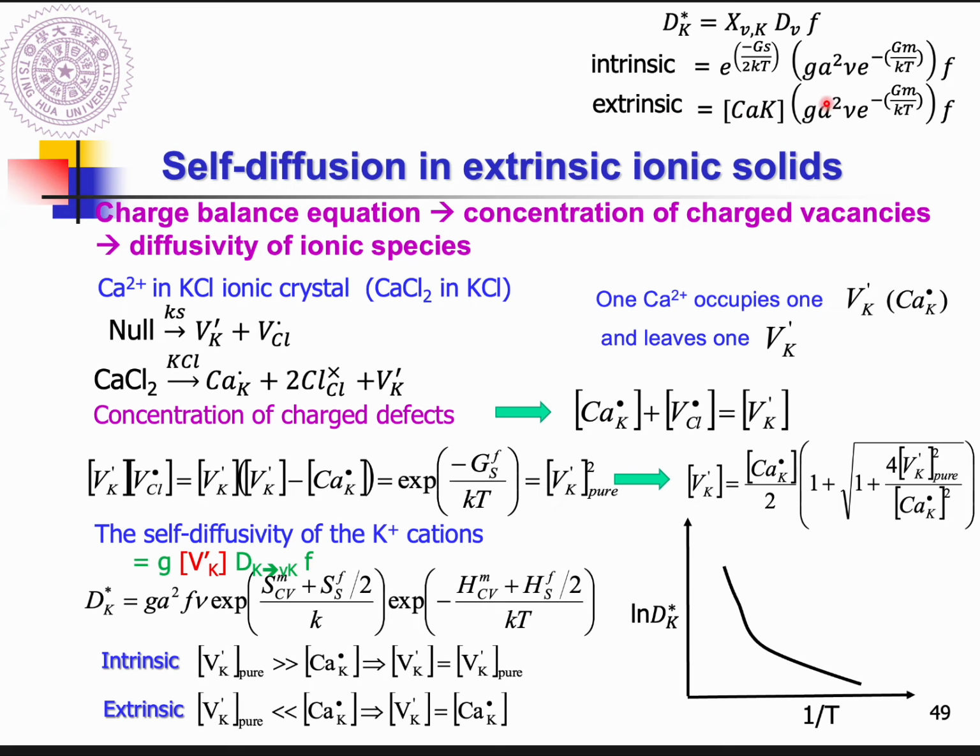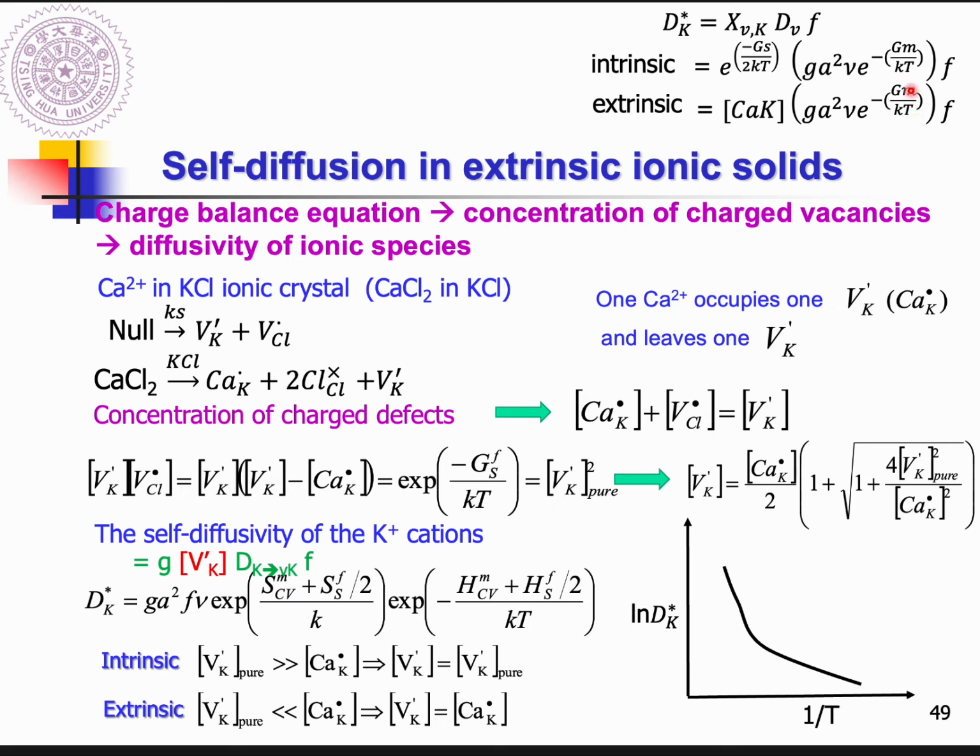And based on this, we try to plot the log DK star versus 1 over T. Then under this situation, you know the slope will include this term, a temperature dependent term, and this one. Because we know the concentration of the dopant is a big constant, you got only one term related to temperature.